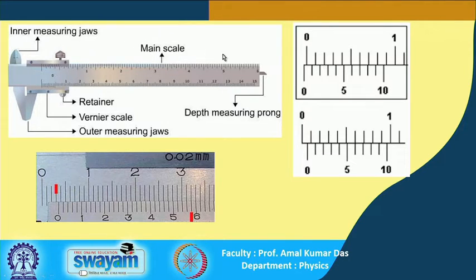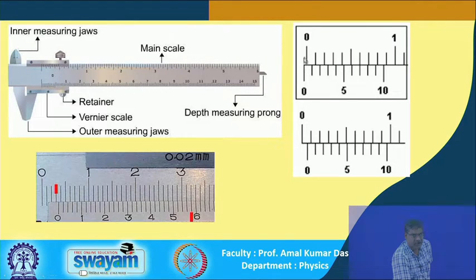zero error. If the 0 of the vernier coincides with the 0 of the main scale, then the zero error is nil, and if the 0 of the vernier is at the left of the main scale 0, then we call this negative error. Okay.